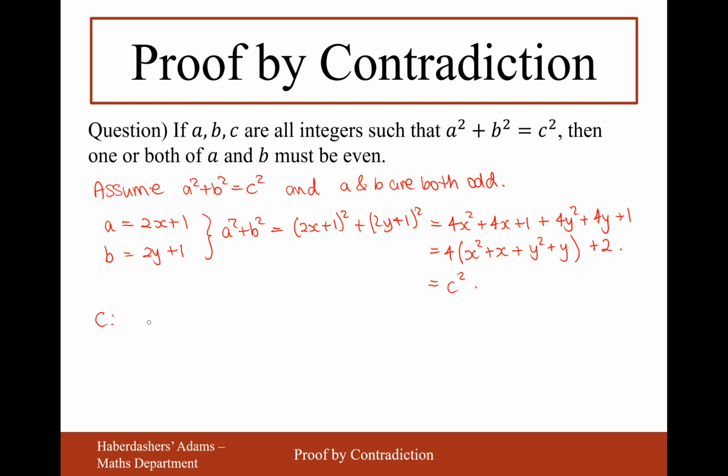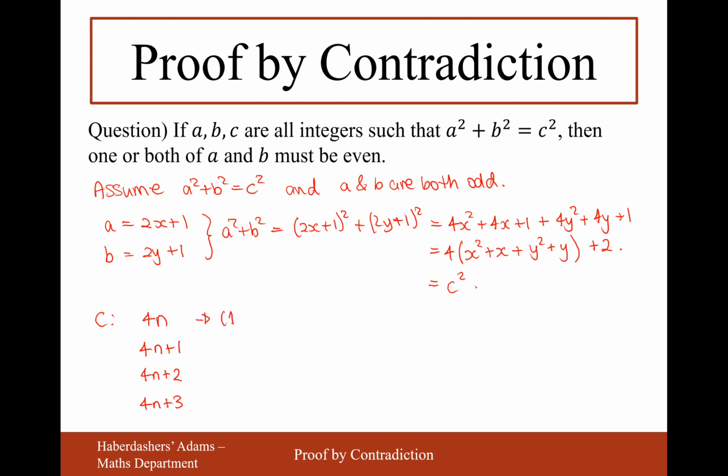Let's take C. C is either going to be a multiple of 4, 1 more than a multiple of 4, 2 more than a multiple of 4, or 3 more than a multiple of 4. Once it's 4 more than a multiple of 4, it's back to being a multiple of 4 again. So it's either one of these 4 cases.